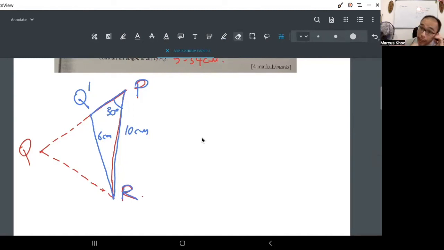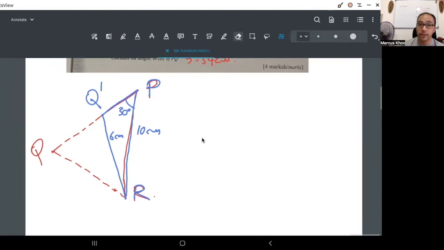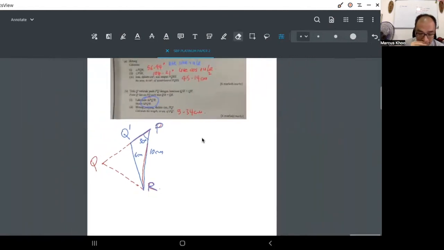Why is this important? Because you will probably need the information from the original triangle in the new triangle. So in the original triangle, we calculated that this is 56.44. Since this is an isosceles triangle, 6 cm, 6 cm, here is also 56.44.